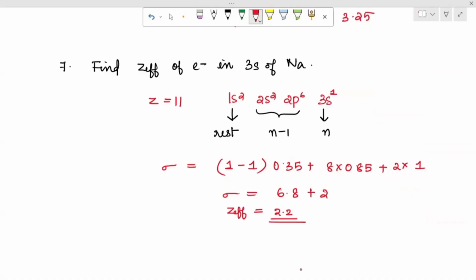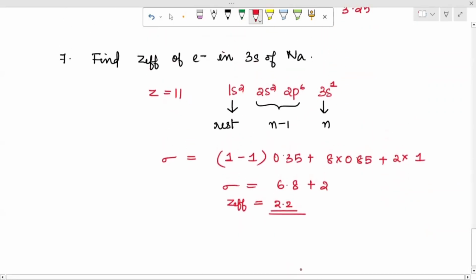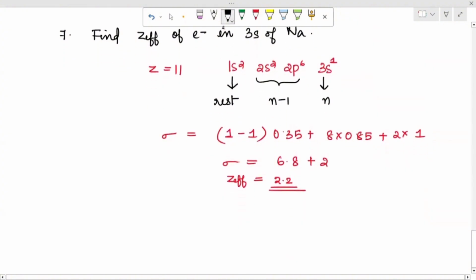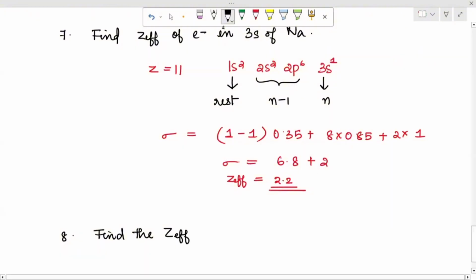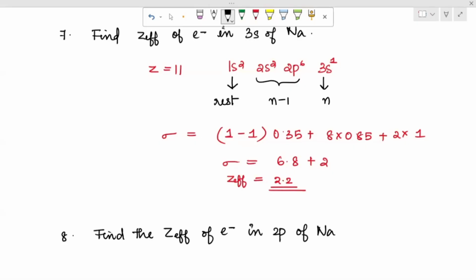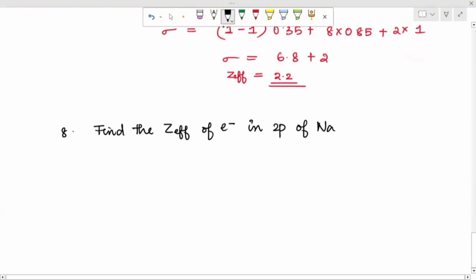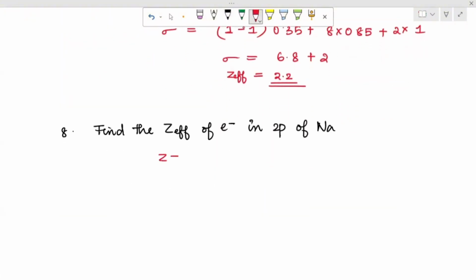Okay. Now let's say that the question is to find the Z effective of electron in 2p of sodium. Pay attention, 2p of sodium. It is sodium only, but not 3s, 2p. So again, we know Z is equal to 11.